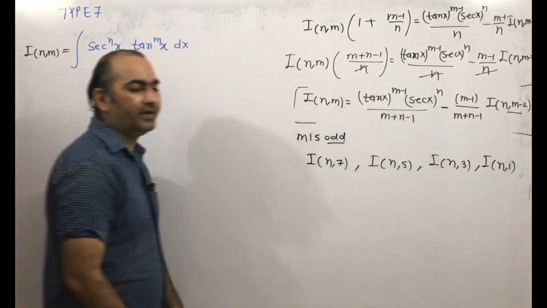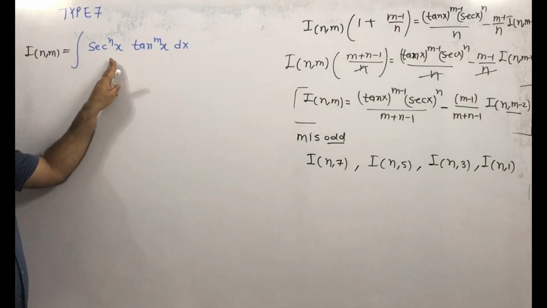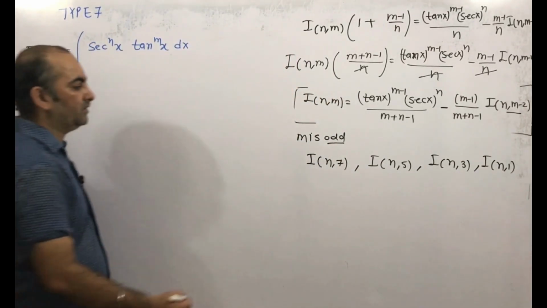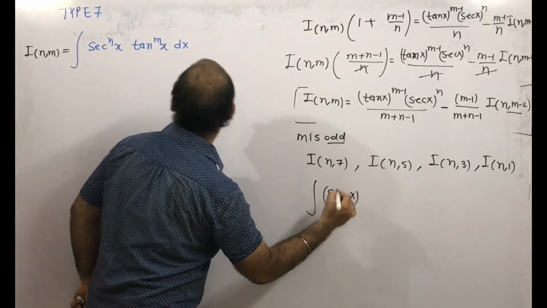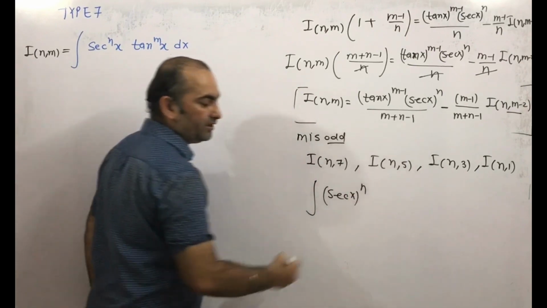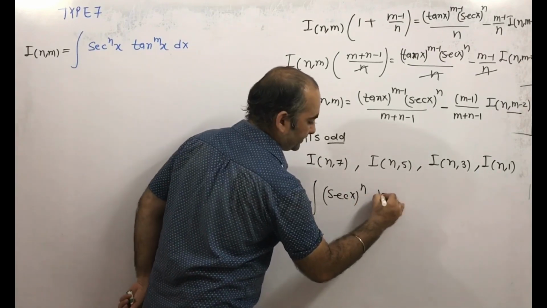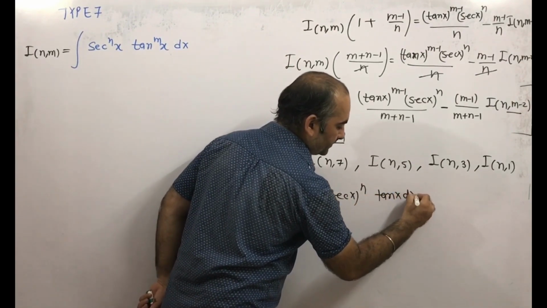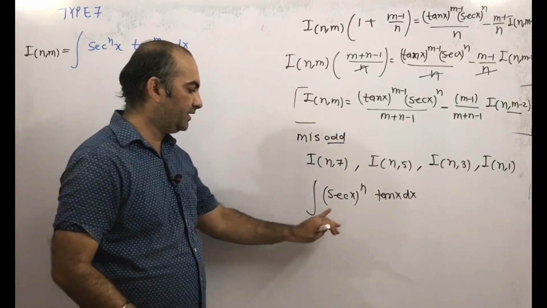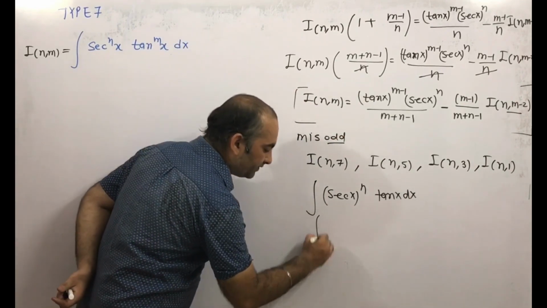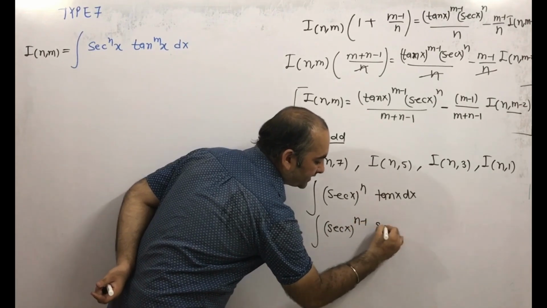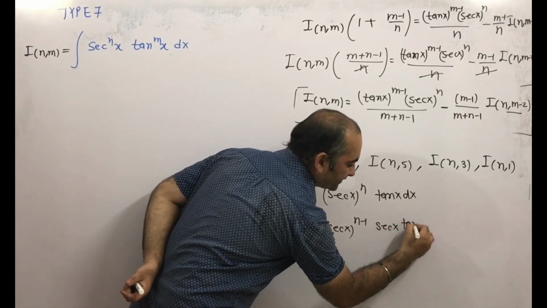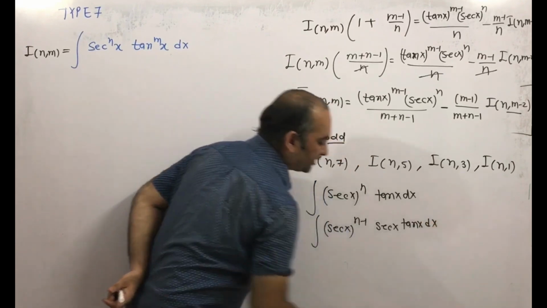So what is I(n, 1)? If you put m value as 1, then what will come is the integration of secant x to the power n into tan x dx. This integration we can do directly. We can write it as secant x to the power n minus 1, secant x tan x dx.